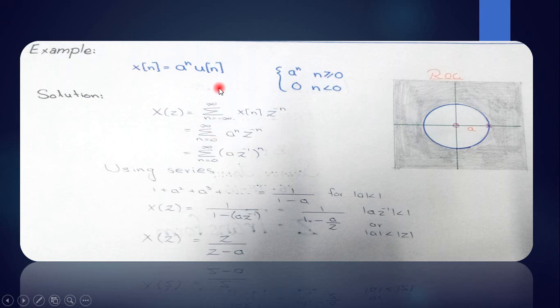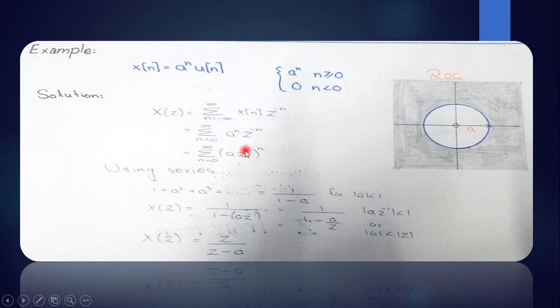So applying this on the given example, we will get: n is equal to 0 to infinity, its magnitude is just a power n, multiplied with z power minus n.